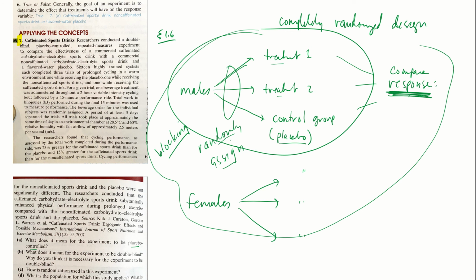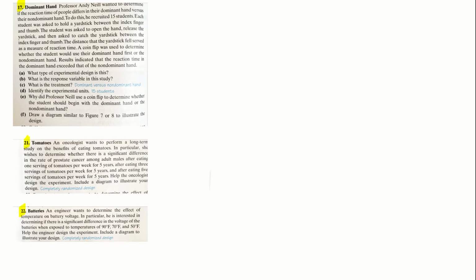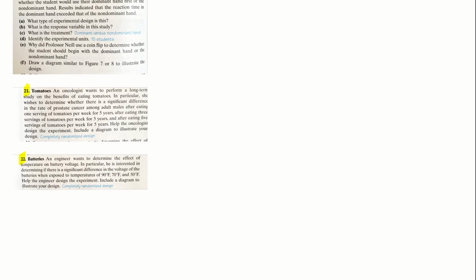I randomly put them into groups, okay, and then assign the treatments. And these are two examples of randomized design experiments. So, I just want to say that and go over that a little bit.